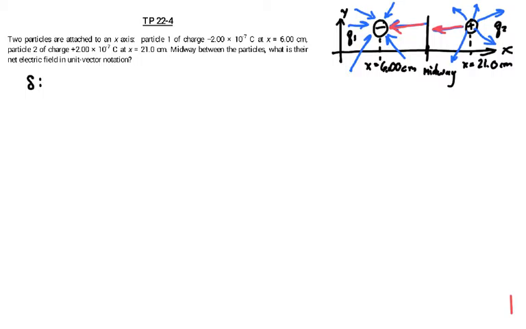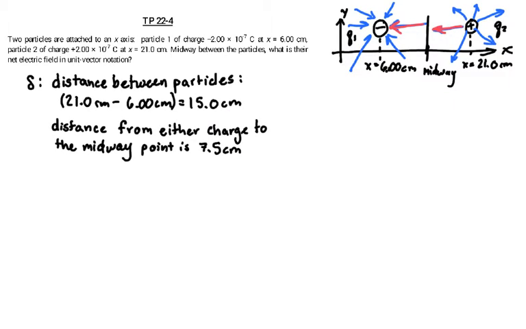Alright, so let's get to work and actually calculating out the actual numerical value of the electric field at the midway point. Before we can actually calculate the magnitude of the electric field at the midway point, we have to find out how far the midway point is from each of our charges.